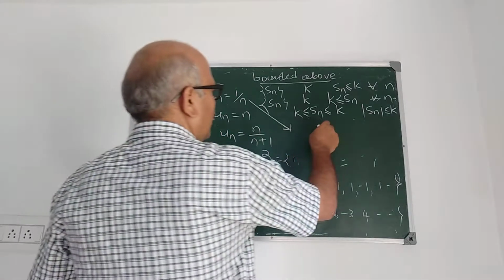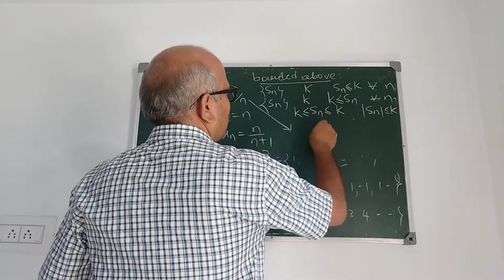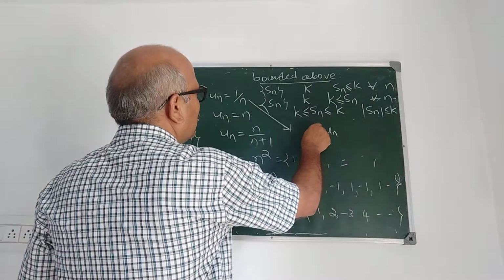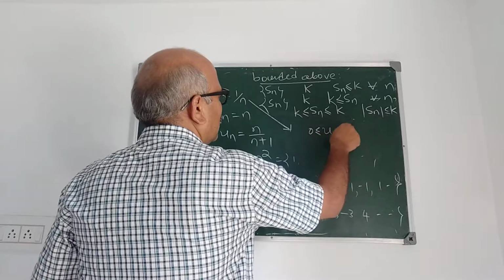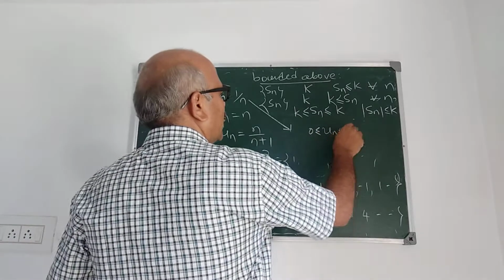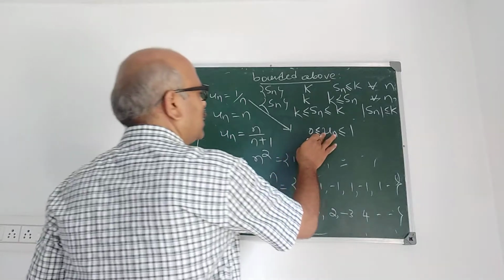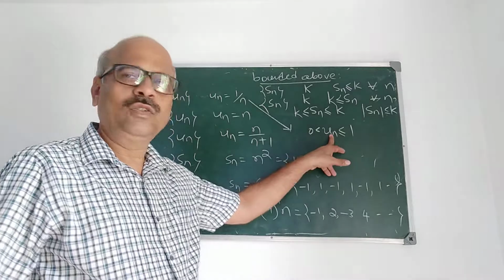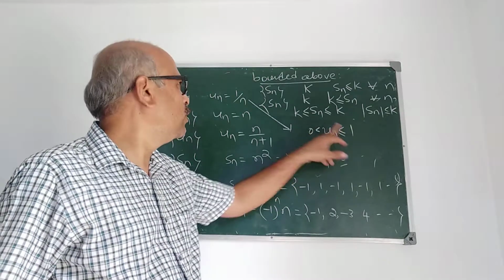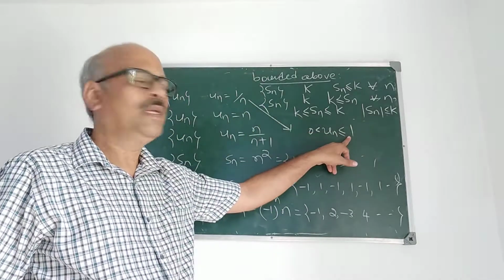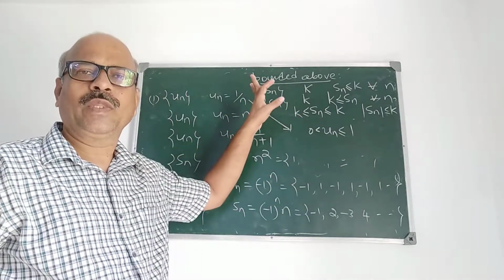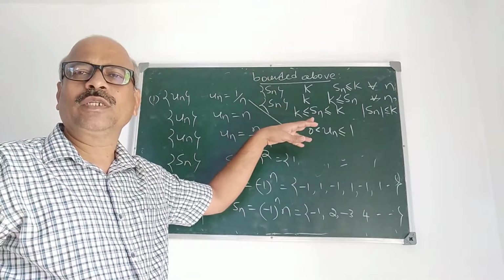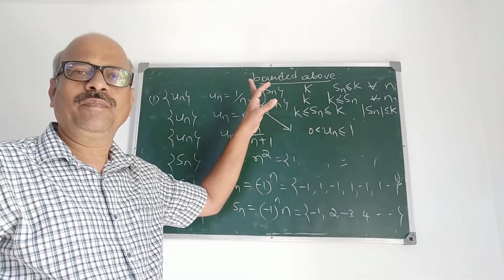Because for all n, un is greater than 0 and less than or equal to 1. Un is less than or equal to 1 because when n is 1, it becomes 1. Then slowly it decreases; the terms of the sequence are decreasing here.